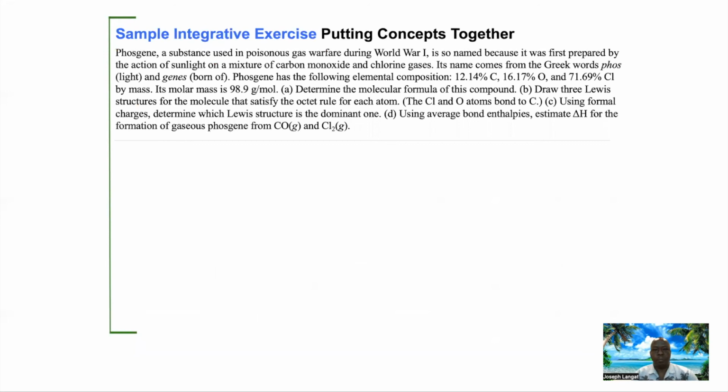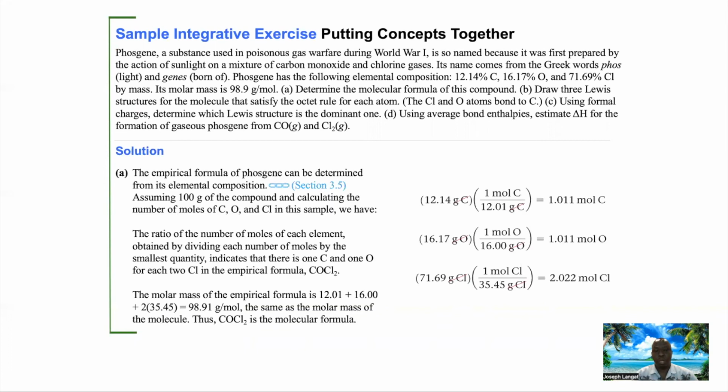Well, here is an example on an interactive problem. That means you will have to critically think before you arrive at the answer. I'm not going to go through the determination of the molecular formula, but we wanted to just dive to the Lewis structure for this molecule.